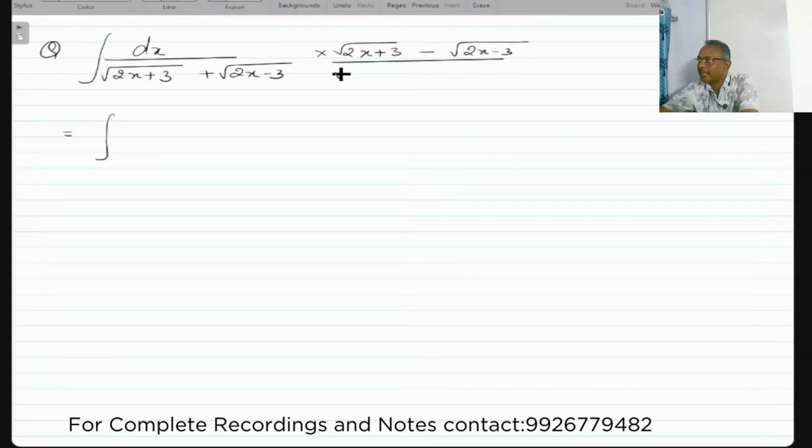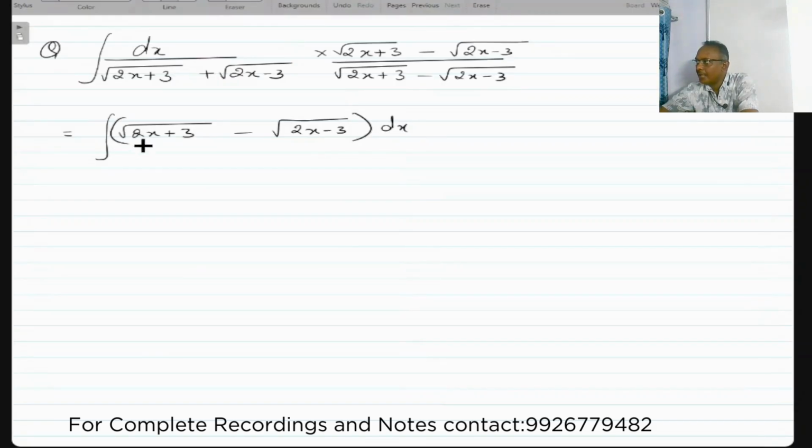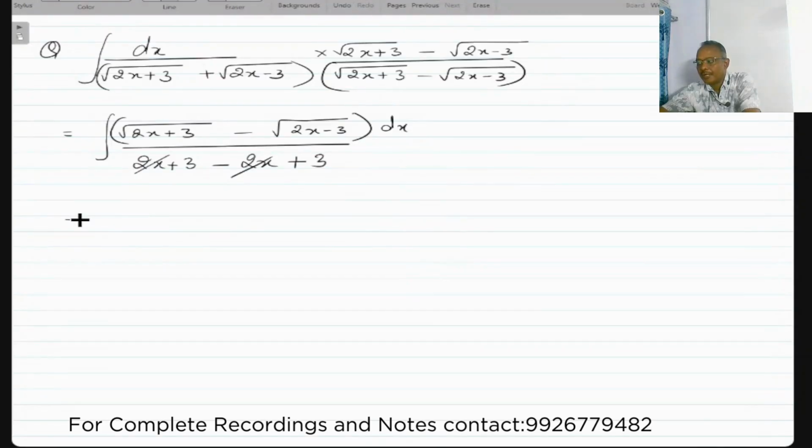Multiplied and divided. So on top remains 2x plus 3 minus 2x minus 3 dx. Denominator: a plus b into a minus b is a square minus b square. So minus 2x, it will become plus 3. So this will become 1 by 6.